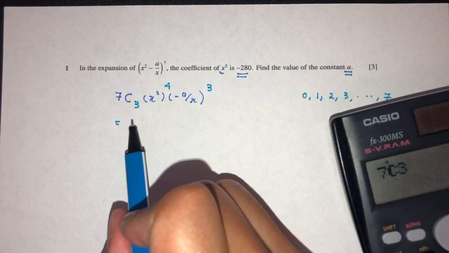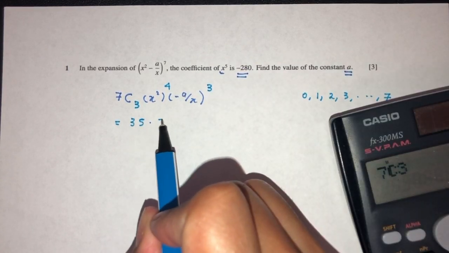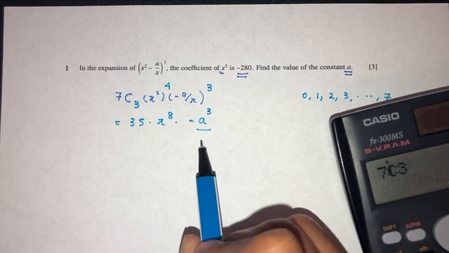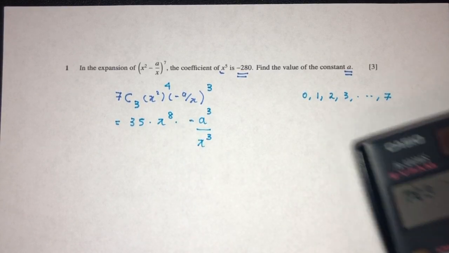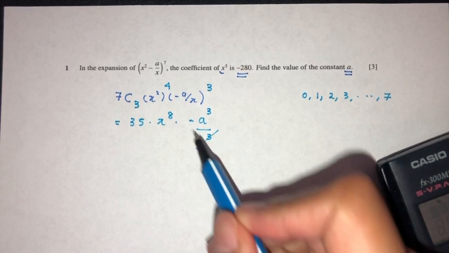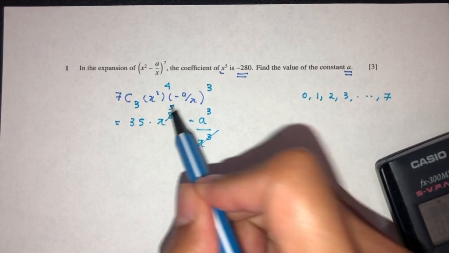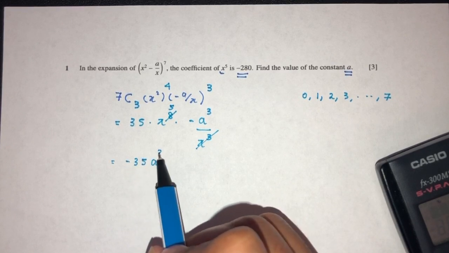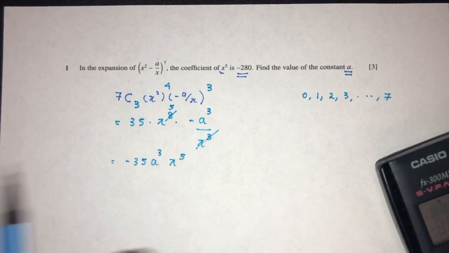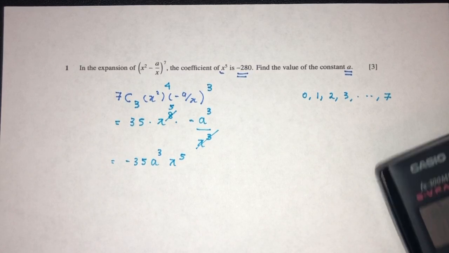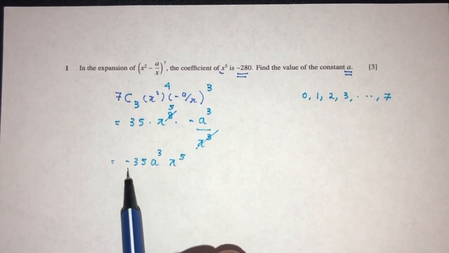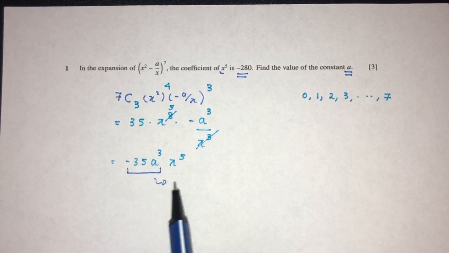That should be 35. That should be x power 8, and that should be minus a cube over x cube. Now simplify. This obviously cancels out with this one. That should be 5, and you will have minus 35 a cube x power 5. But now the question tells you already the coefficient of x power 5 is minus 280. So this thing right here is supposed to be minus 280.